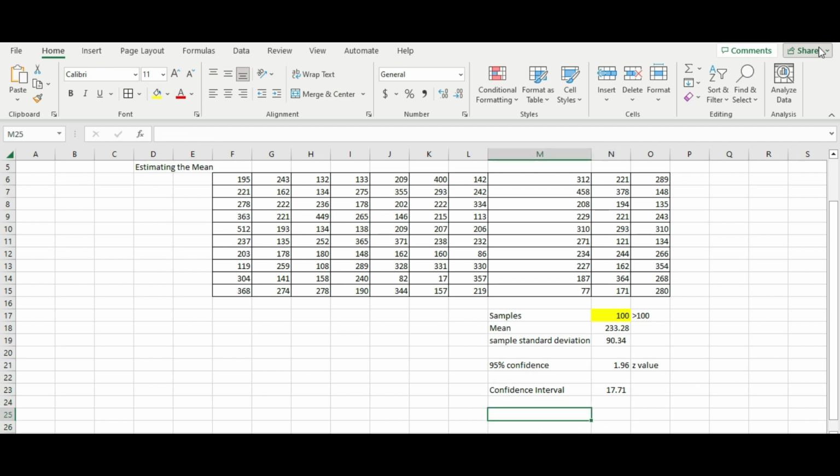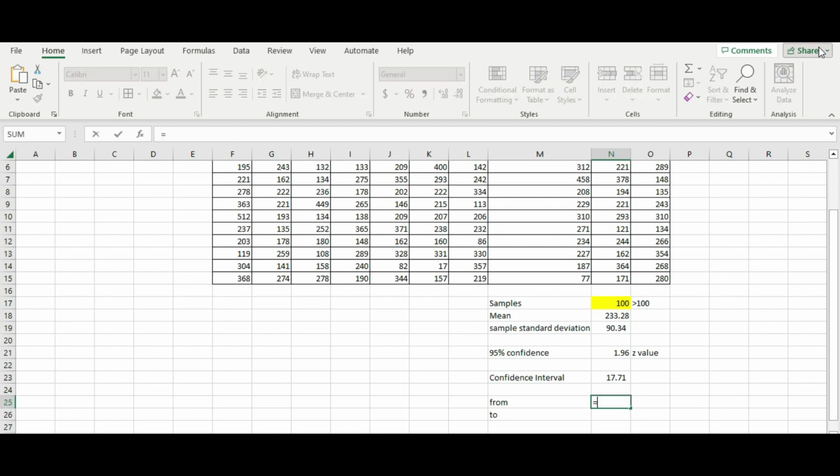Therefore, we can conclude that the confidence interval is from 250.27 pesos to 250.29.